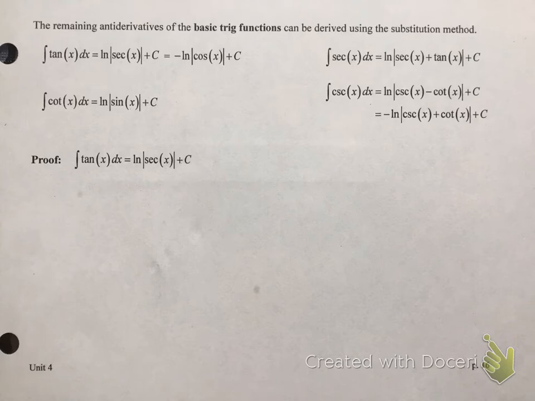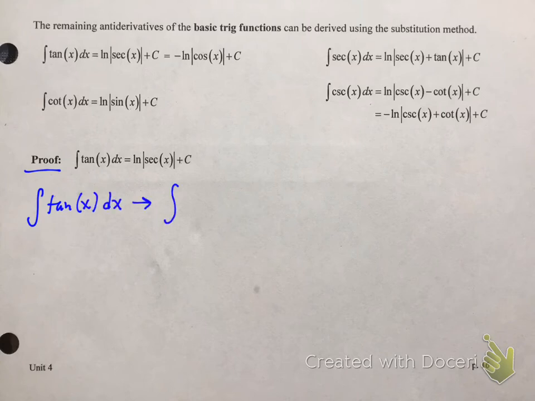The problem says, prove it. So we're going to look at the first one, and we're going to prove that the integration of tangent x dx is equivalent to the natural log of the absolute value of secant x plus c. First of all, I'm going to rewrite tangent x dx in terms of sine and cosine.